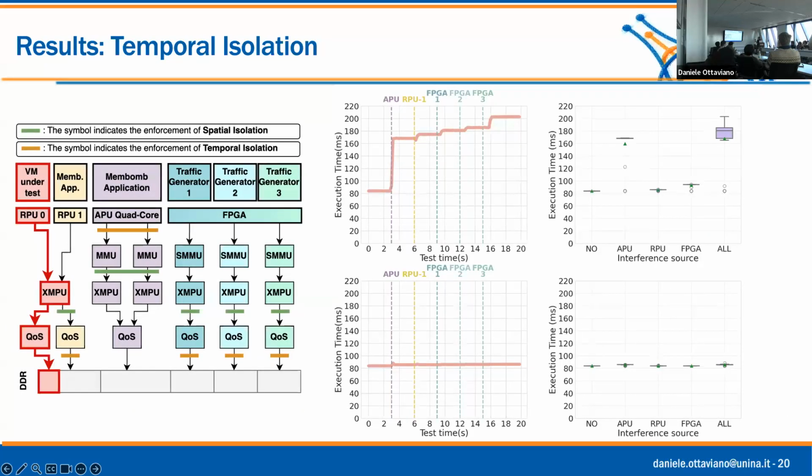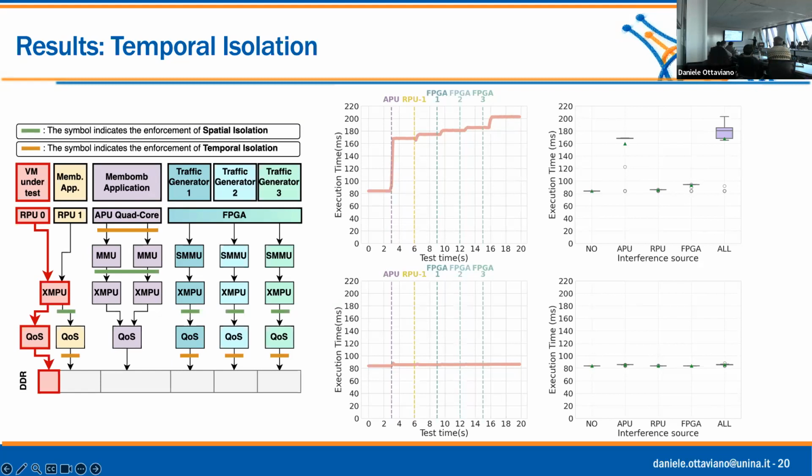This is basically the same stuff, just focusing on the RPU executing this code. We know that the standard execution takes 80 milliseconds circa to execute. In this graph, we show what happens if we protect from the spatial point of view on the top, but not using QoS or any memory regulation.